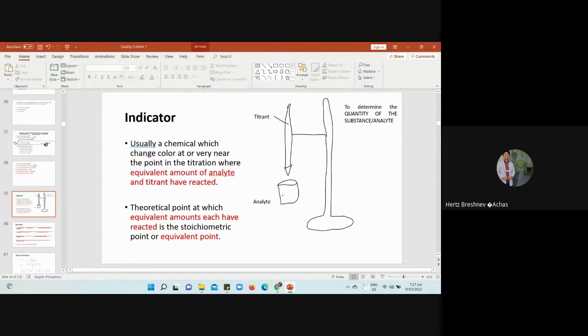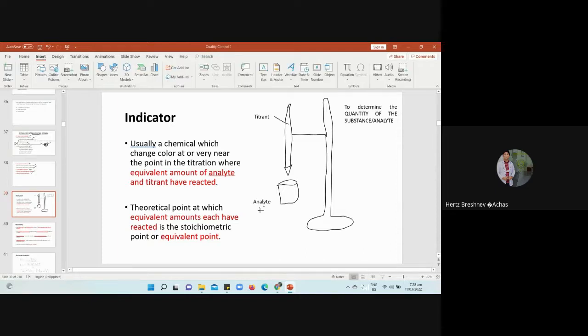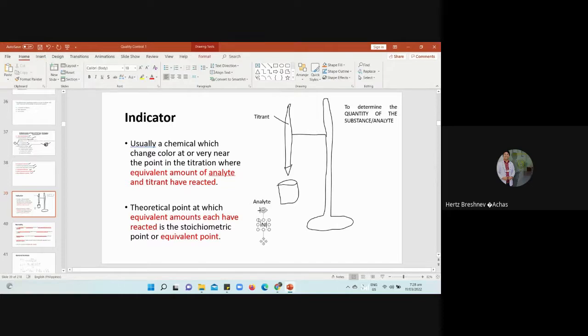And the analyte is added with an indicator. So this is plus indicator.